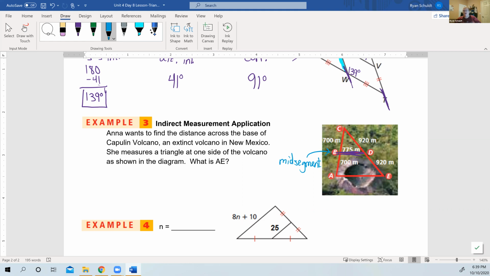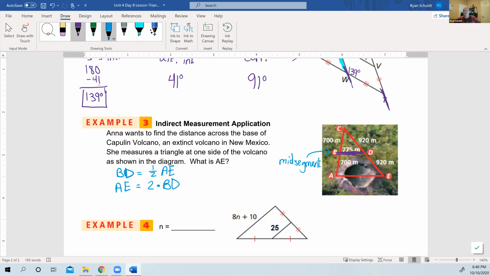Now, what do I know about the mid-segment and the side that it's parallel to? To get the side, we just have to multiply this by 2. So BD is 1/2 of AE. Or we could say AE, which is what we want, is 2 times BD.